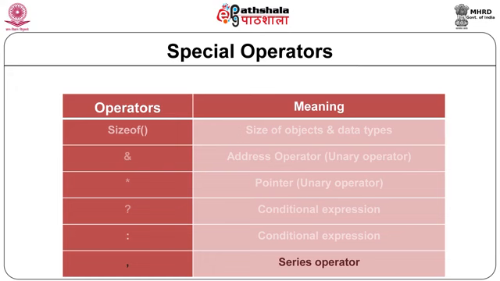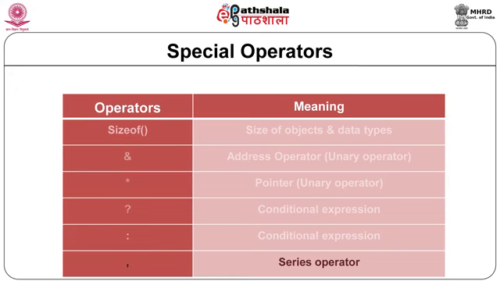Sizeof operator is used for finding the memory space allocated for each C data type. Then the address operator, that is a unary operator, is used to specify the address of the value of a variable.